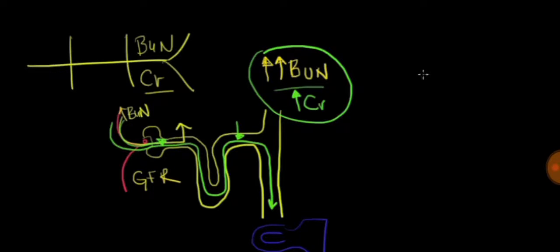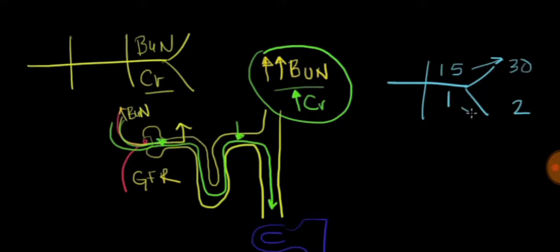Okay, so what would be a number here that we could associate with it? Normal would be, for instance, 15/1. So if the BUN went up by more than that of the creatinine, we could say, for instance, that this would go to a 2 and a 30. So the BUN would go up to 30 and the creatinine would go up to 2.